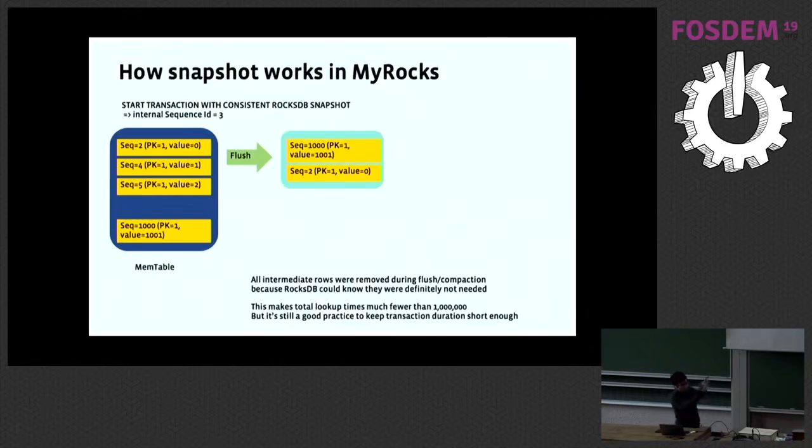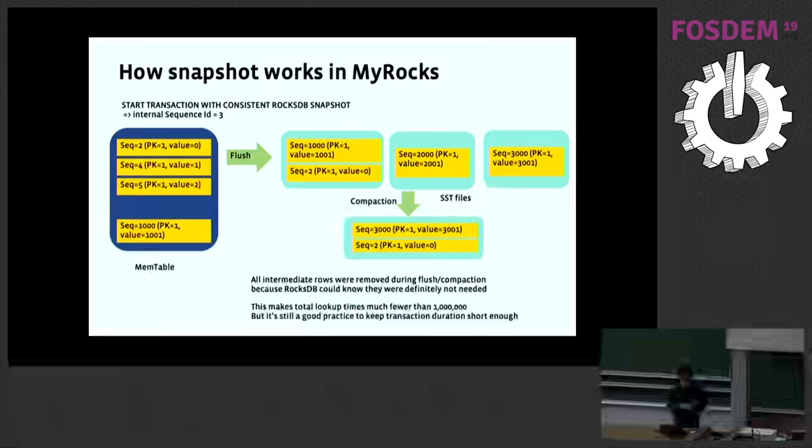During a flush, RocksDB knows that all intermediate sequence numbers are not needed, so it automatically discards them, just writing the oldest sequence number and the newest sequence number. So it just stores two entries. Another process called compaction may happen, merging several SST files into one, and during these steps all intermediate sequence numbers can be omitted.